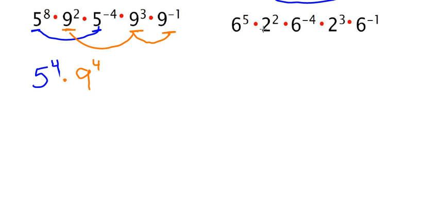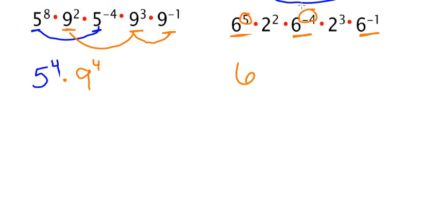All right, so here we go. In this one, and again, this is our last one here, we have two different bases. So let's just start with the 6 because that's the first thing we see. We know we can multiply 6 to the 5th by 6 to the negative 4th by 6 to the negative 1st. Well, I know my base of 6 stays here, and then I add 5 plus negative 4.